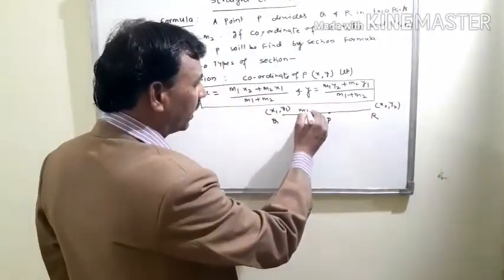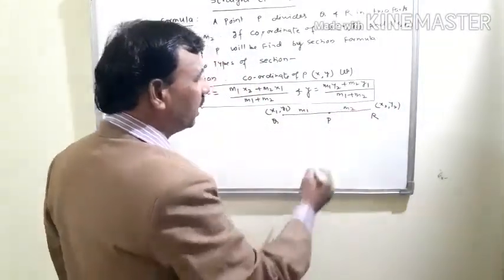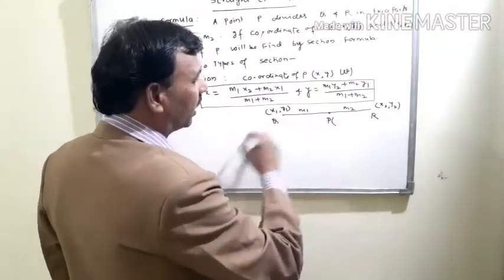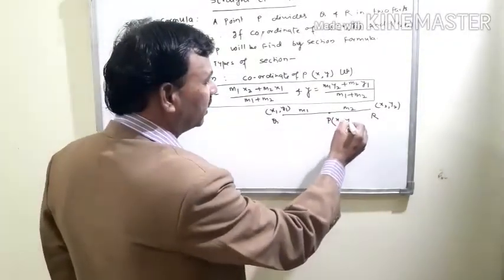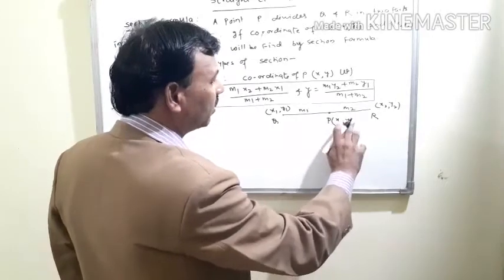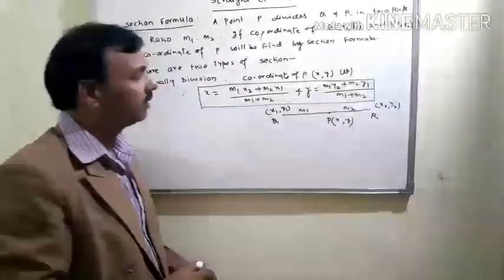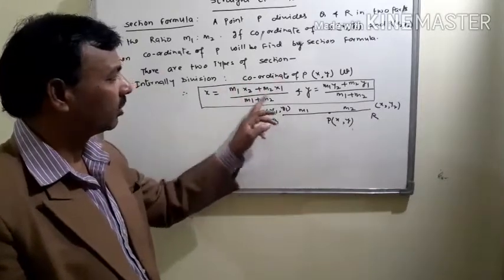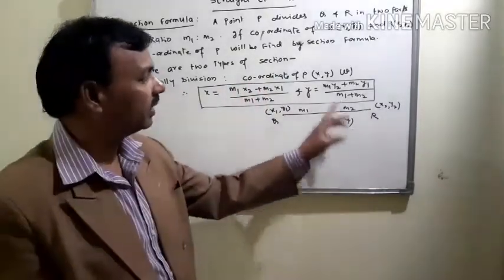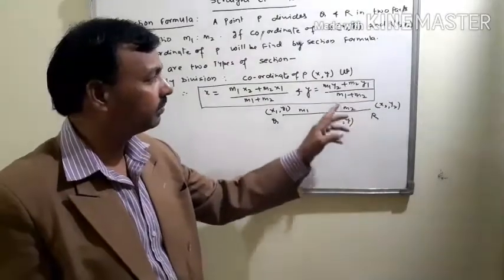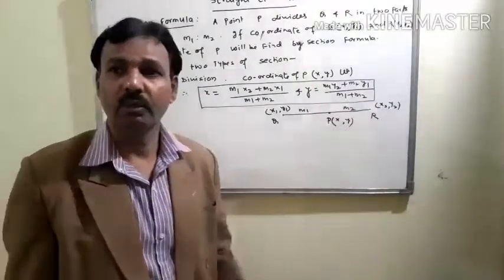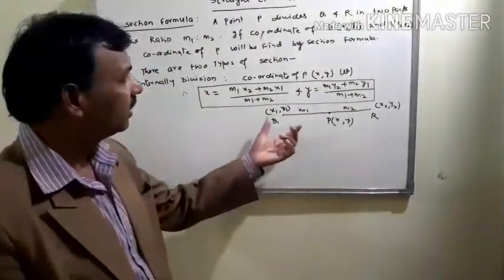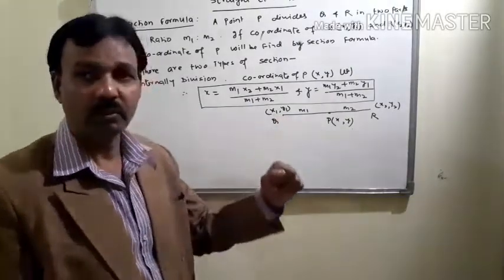Ratio M1 is to M2, and we consider coordinate of P will be (x, y). Then x will be (M1 x2 plus M2 x1) upon (M1 plus M2), and y will be (M1 y2 plus M2 y1) whole upon (M1 plus M2). This is the internally section formula.